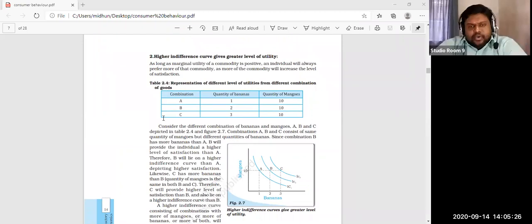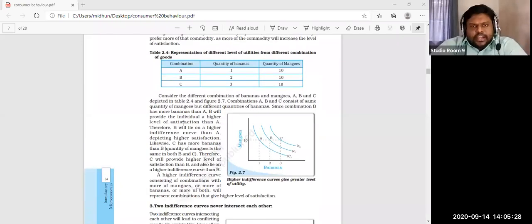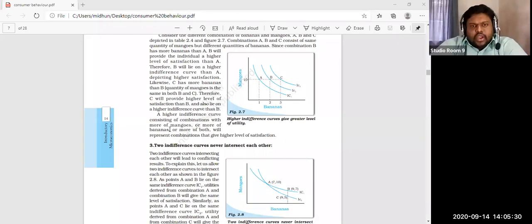A higher indifference curve consisting of combinations with more mangoes, more bananas, or more of both will represent combinations that give higher levels of satisfaction. So within the budget constraint, a customer likes to purchase more quantity of the product, which gives him satisfaction and utility.